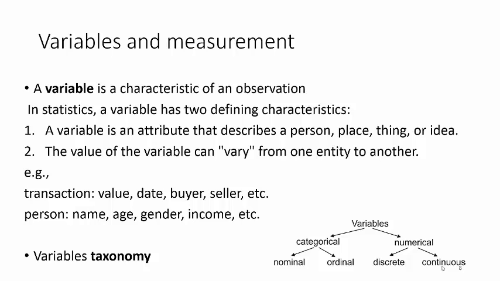Some examples can clarify the difference between discrete and continuous variables. Suppose the fire department mandates that all firefighters must weigh between 150 and 250 pounds. The weight of a firefighter could be an example of a continuous variable, since a firefighter's weight could take on any value between 150 and 250 pounds. Suppose we flip a coin and count the number of heads.